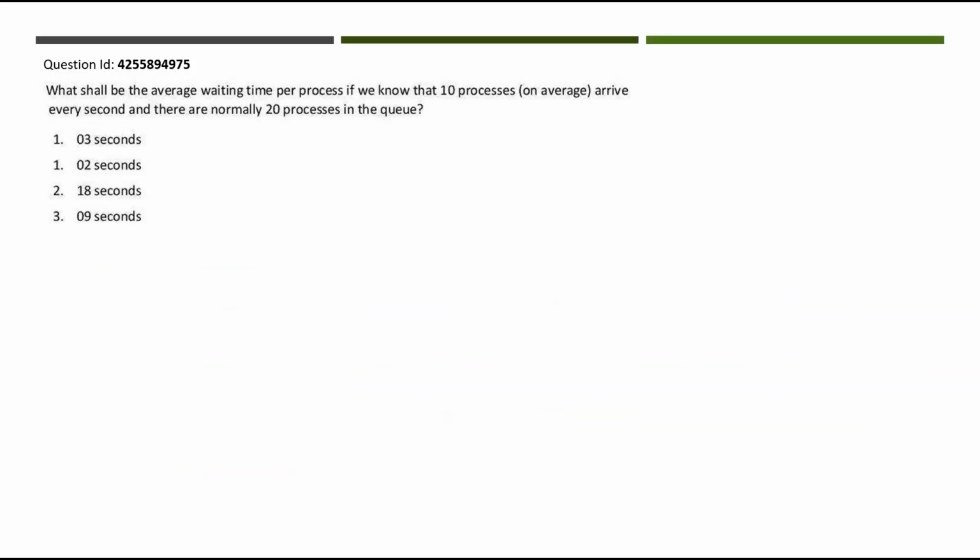Next question. What shall be the average waiting time per process, if we know that 10 processes on average arrive every second and there are normally 20 processes in the queue? This question will need a new information that was not used in any of the previous year question paper.